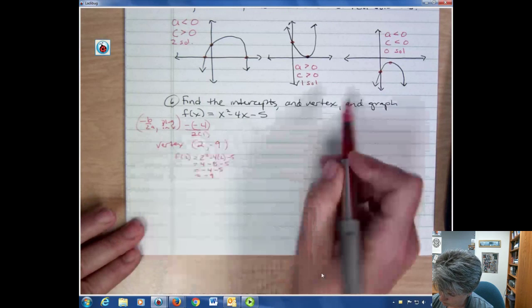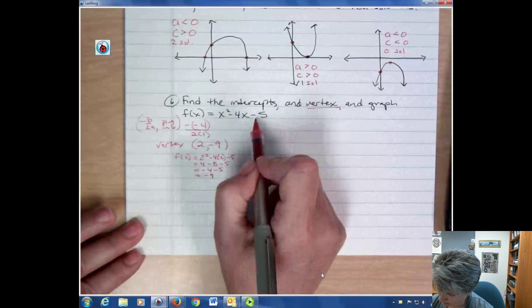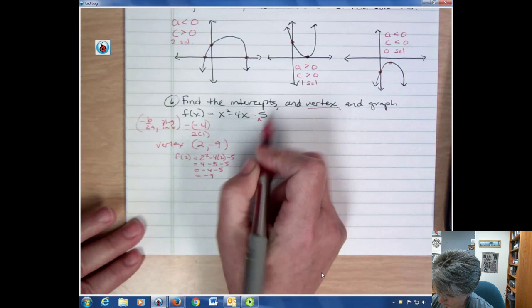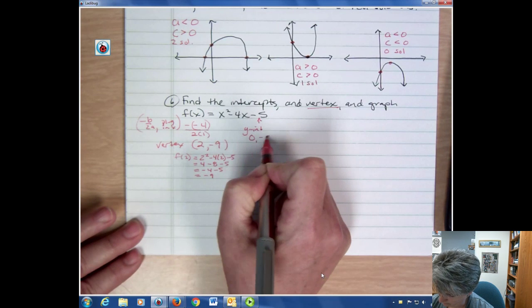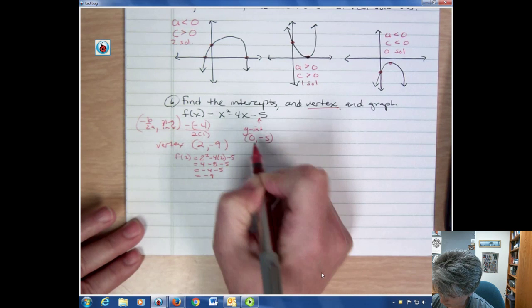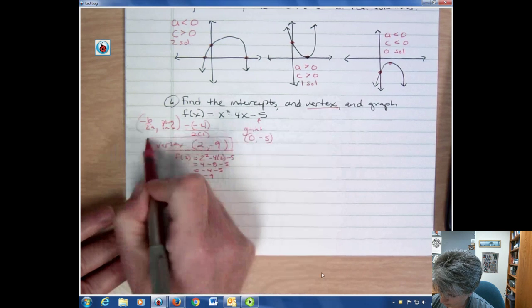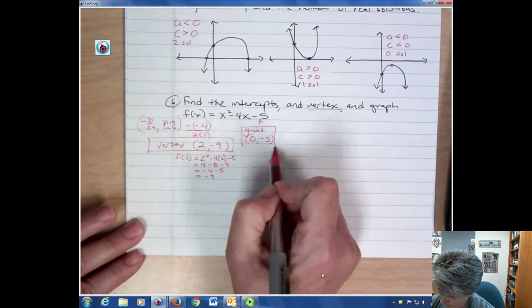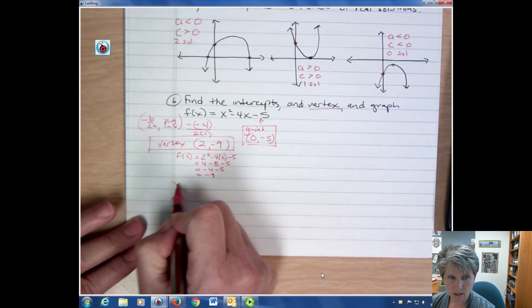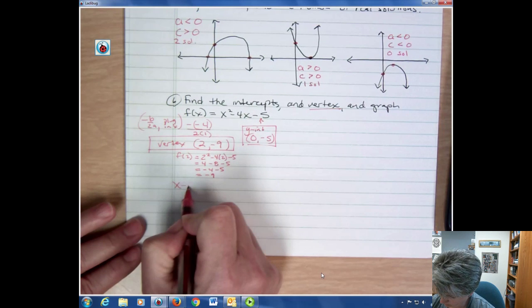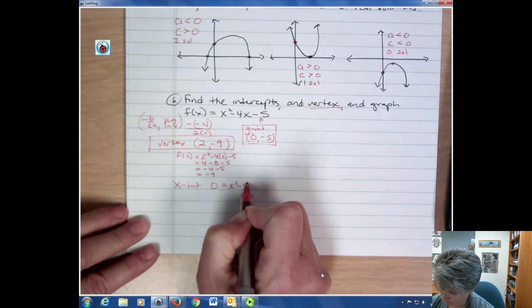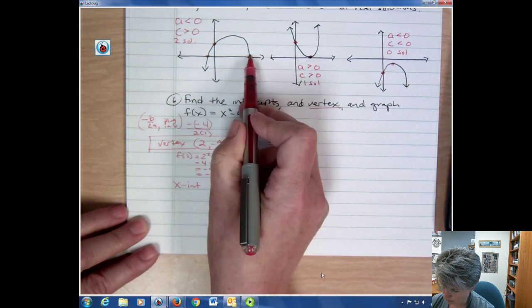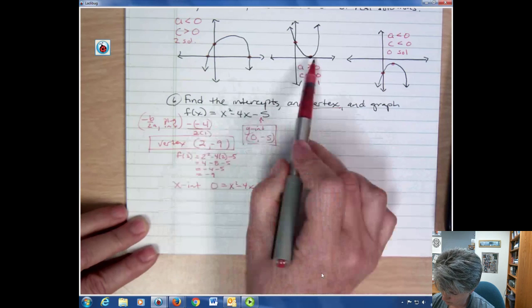The intercepts, well, to find the y-intercept, it's right here. So the y-intercept is negative 5, which is 0, negative 5. Here's my vertex. Here's my y-intercept. My x-intercepts, I set this equal to 0, because I'm solving where my equation equals 0.